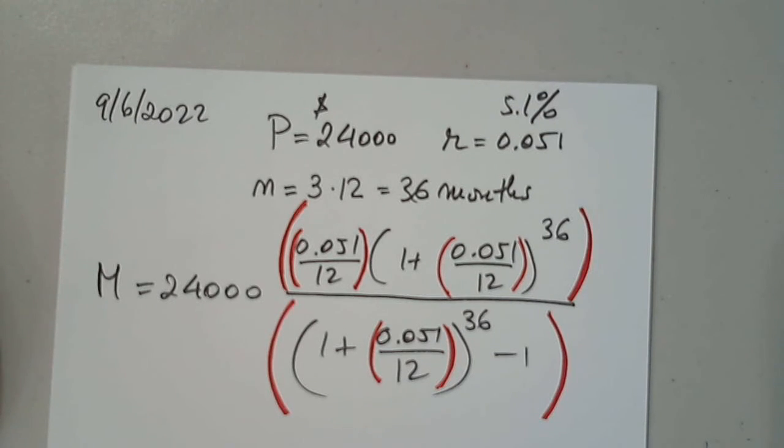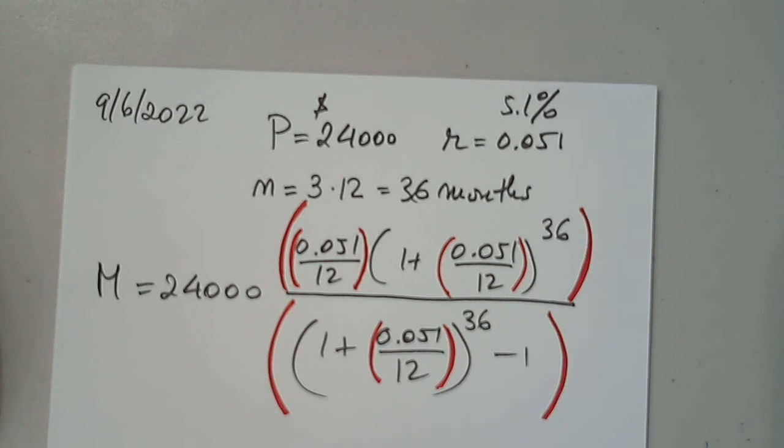And now we divide by parentheses for the denominator, parentheses again for 1 plus 0.051 divided by 12, close the parenthesis, close another one, caret, you know me already, I love my parentheses, come down from there, subtract 1, and close.